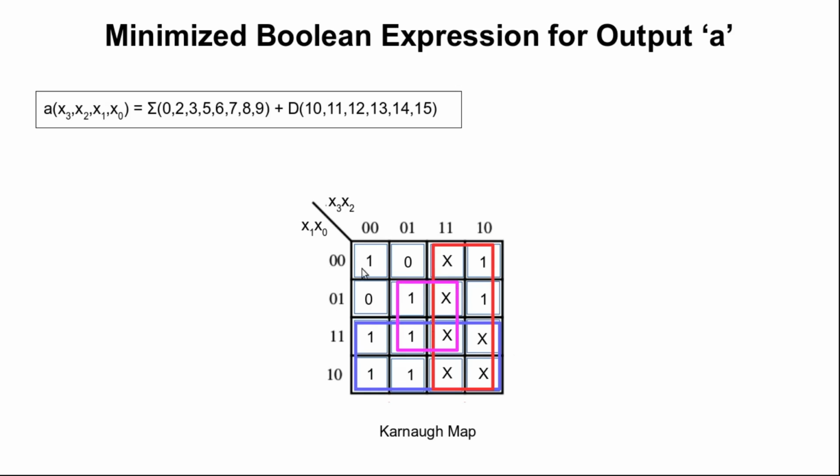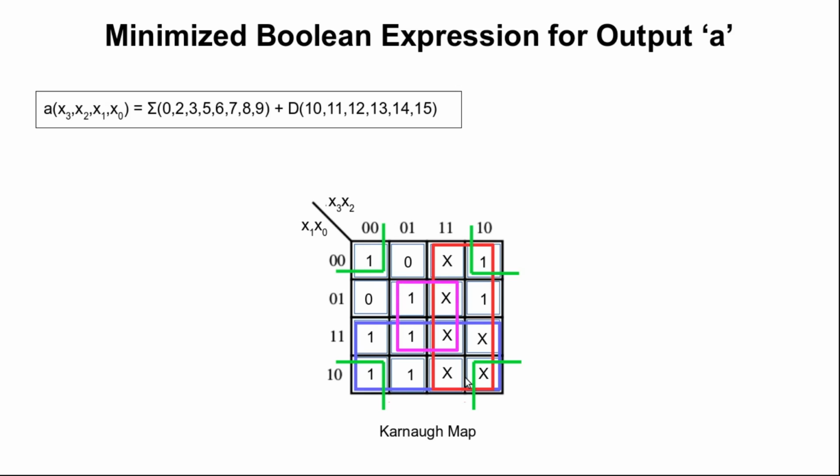So to cover this one, we can come up with this group of size 4. Since 3 of these 4 corner elements are already 1, and this is a don't care, I can consider it as 1. Then all 4 corner elements are 1, and hence I can make a group of them, of size 4.